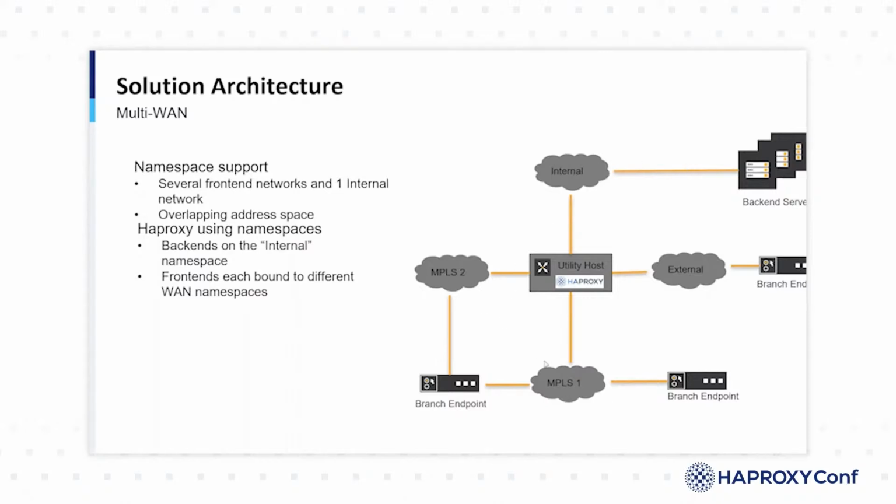Those two MPLS networks could have an identical IP address scheme. So to make things simpler in Linux, we place them in network namespaces, and then we can have different front ends inside of HAProxy that sit in different namespaces.